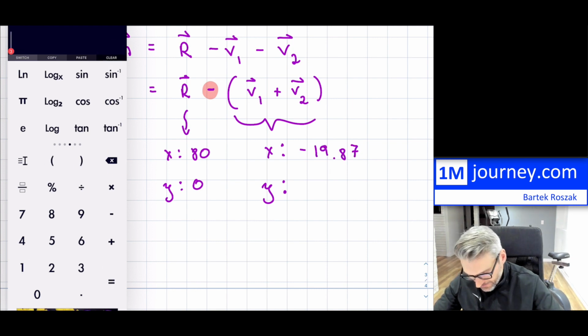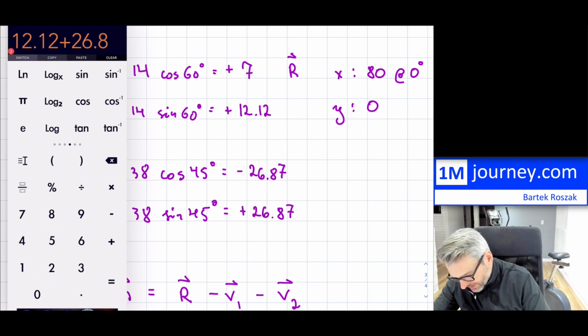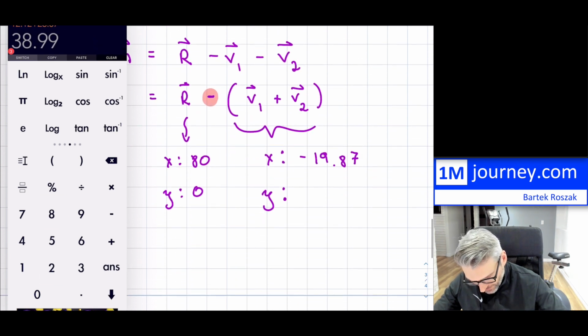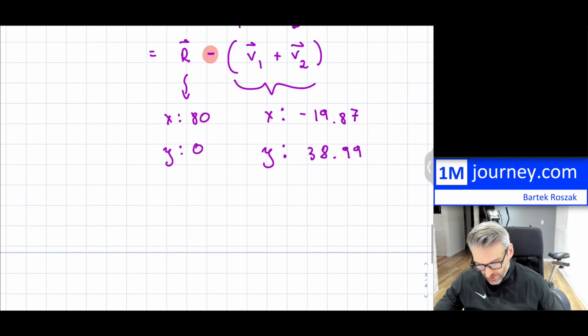My y is going to be 12.12 plus 26.87, which is 38.99. All right, so that's what I would have.